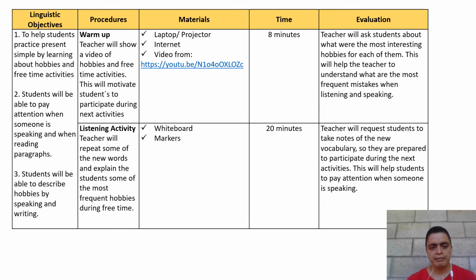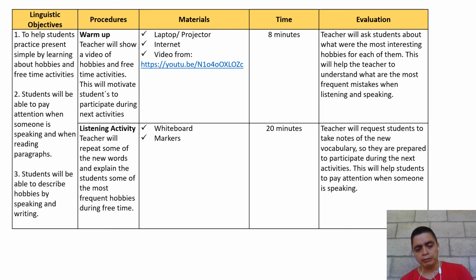The second objective is students will be able to pay attention when someone is speaking and when reading a paragraph. So in that case, we have two skills: receiving information, which is about listening to someone, and reading a paragraph or maybe reading a book in case they want to learn more.